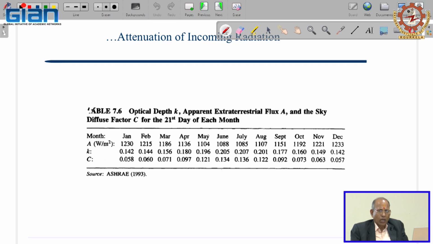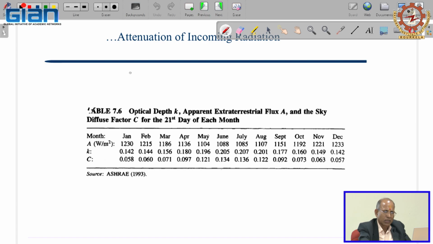Then, for optical depth K, either you can use those formulas I told you in the previous slide, or you can have some data for a particular place, and from there you will have this table. From this table you can know the values of A, C and K, depending on the day or month.